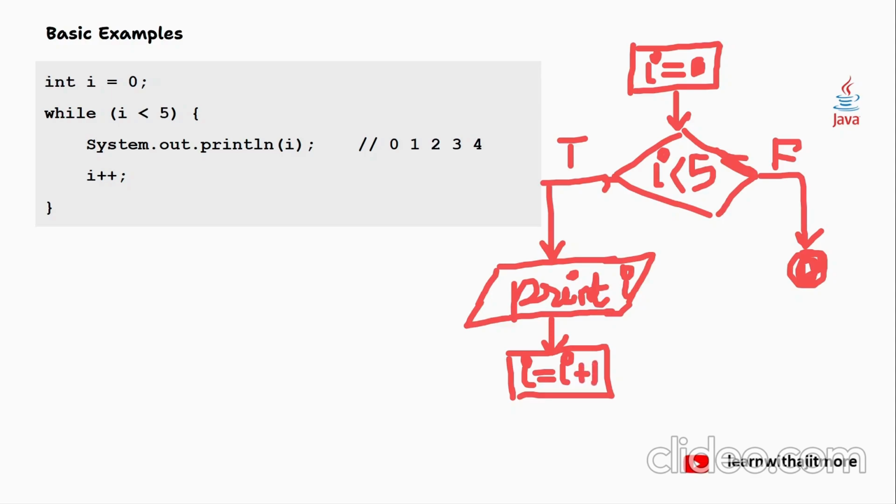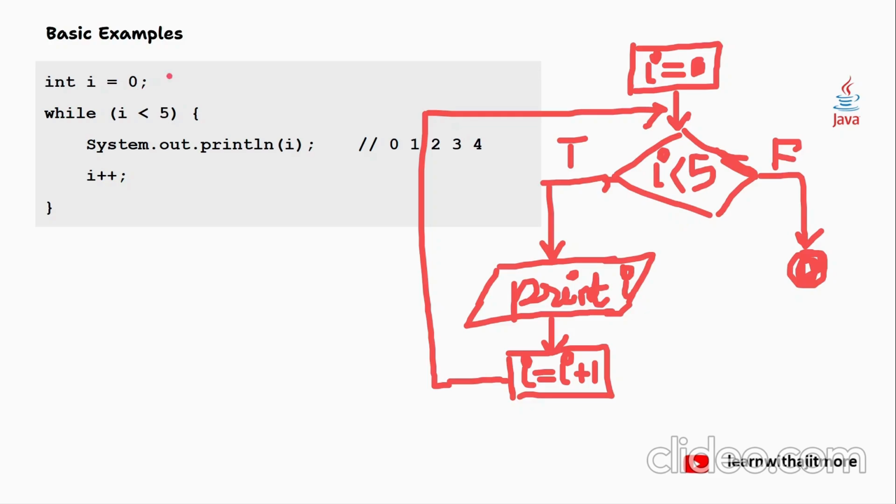Whatever calculations and initialization there are, those are in a rectangle. And printing, input and output are in a parallelogram. Decisions are in a diamond. Okay? So after I equal to I plus 1, it will again come and check whether I is less than 5.